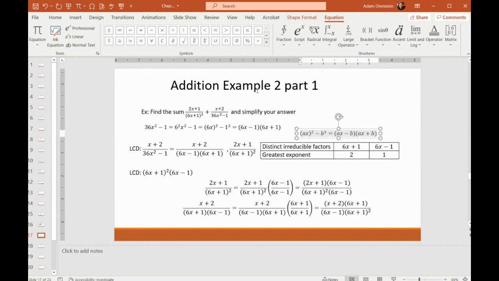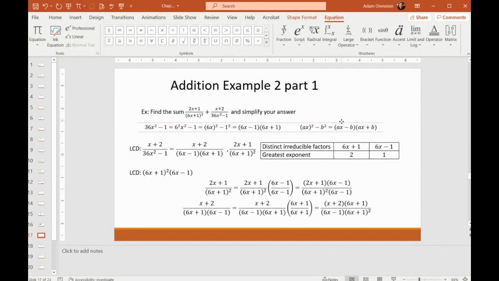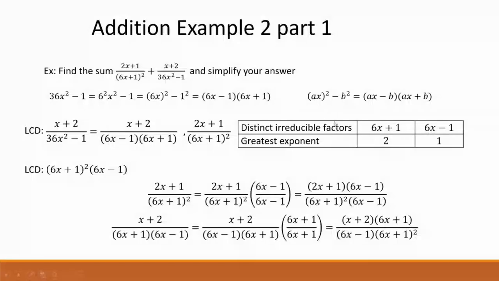There we go. Hopefully this helps. This is basically what we're saying. This is basically what I'm using right here. Okay. Before with x squared minus b squared, a was 1. So that's what I'm using here.